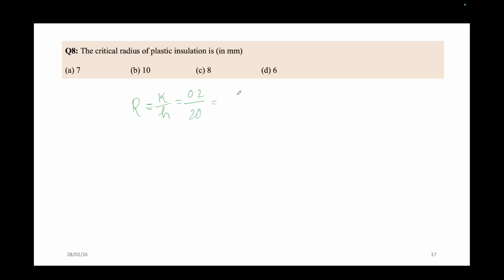So that will be 0.001 meter. The option is in millimeter. Sorry, 0.01, not 0.001. This is 0.01 meter. So accordingly you get the answer, which is 10 mm. So the correct answer is option B. Okay.